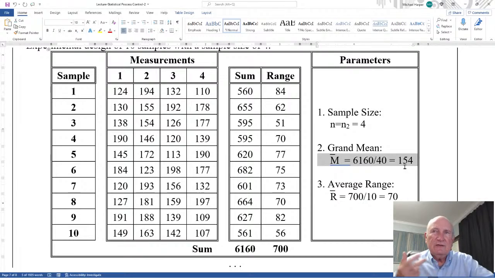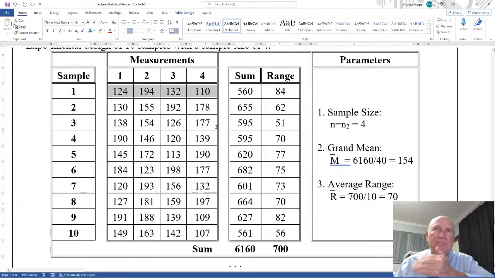The third parameter is the average range. So now we need to get the range for every sample here. Well, the range of a sample is simply the difference between the maximum and minimum value. For sample 1, the maximum value of those 4 numbers is 194, and the minimum value is 110.